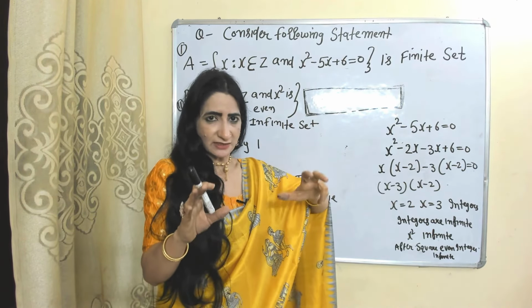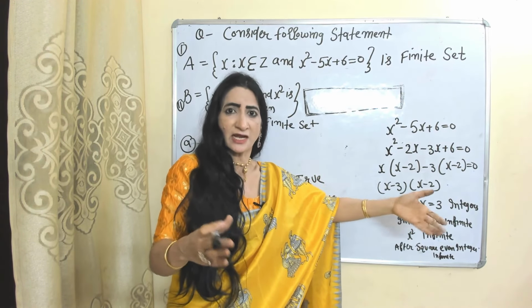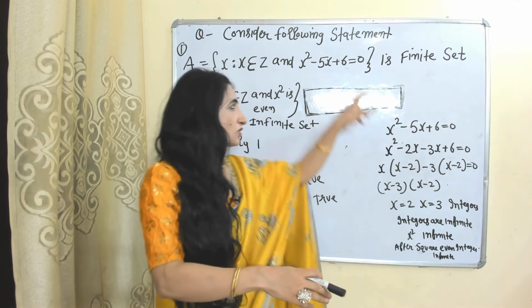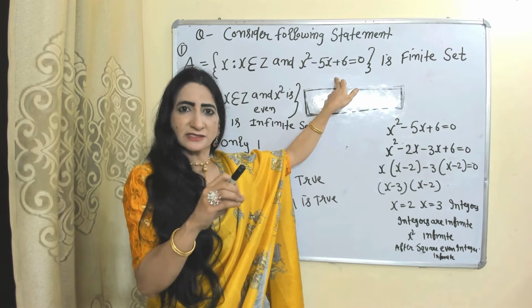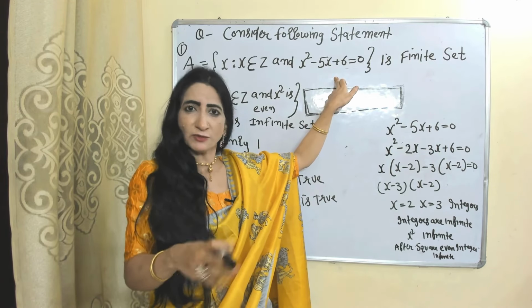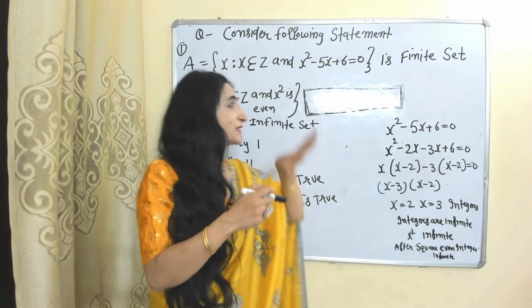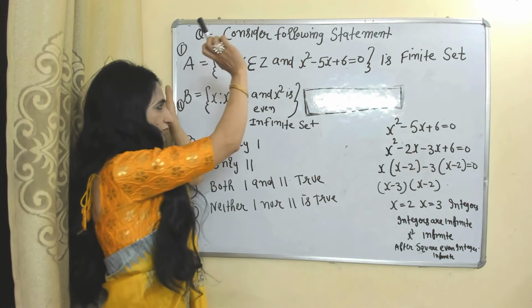That means our set consists two elements, 2 and 3, and both are integer and we can easily count this. So this set is a finite set. As we know, finite set means where number of element we can easily count. So our first statement is true.